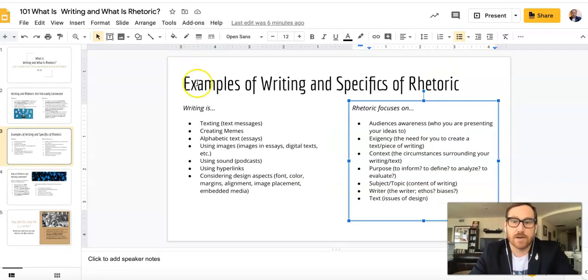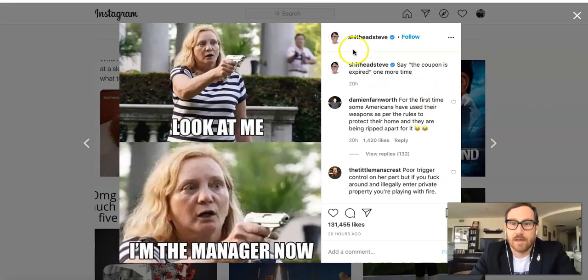And it's also using all these different aspects of rhetoric. So, audience awareness. This meme and its creator have a specific group of followers, usually more left-leaning followers, followers who like satire, irony, and things like that.